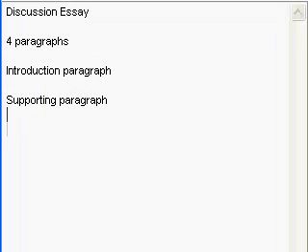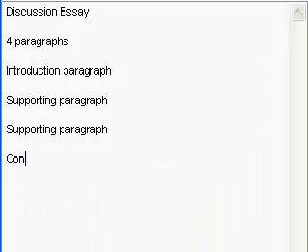First being an introduction paragraph, second being a supporting paragraph, third being a second supporting paragraph, and the last being a concluding paragraph. And I'm just going to mark these as number 1 and number 2 so we can keep track of them easier. So now the discussion essay follows the exact same paragraph format as the argument essay.